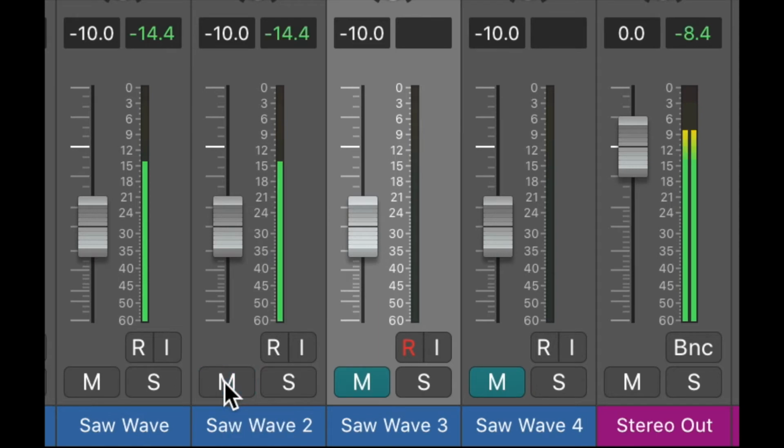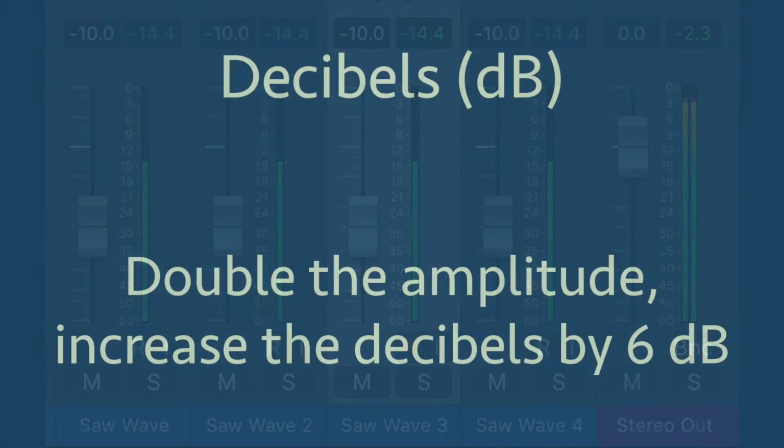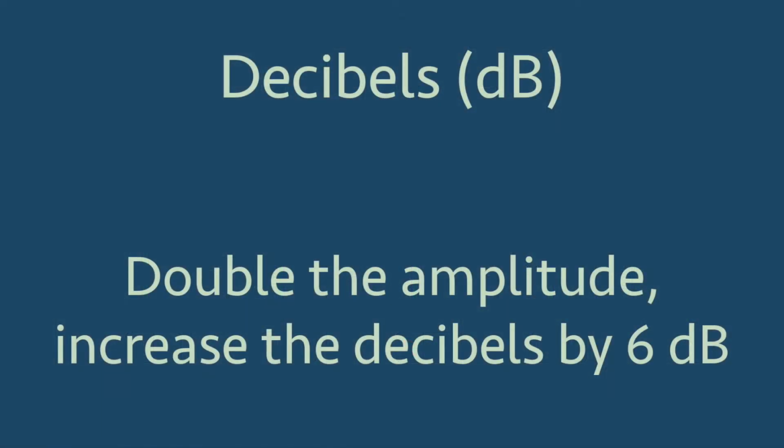When I unmute a second track, the number changes to negative 8.3 dB, which is an increase of about 6 decibels. If I unmute a third track, the output number doesn't increase by 6 decibels, but if I unmute a fourth, the stereo output meter reads negative 2.3 dB, which is another 6 decibels above where we were with just 2 tracks playing. The summary of the experiment we just observed is this.